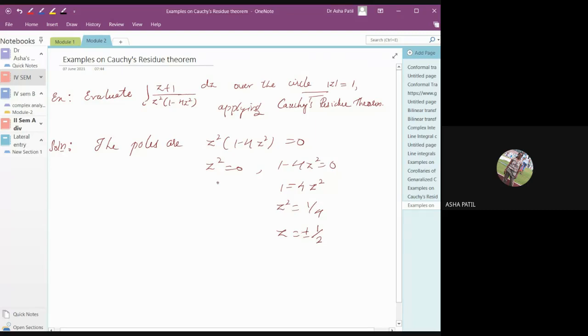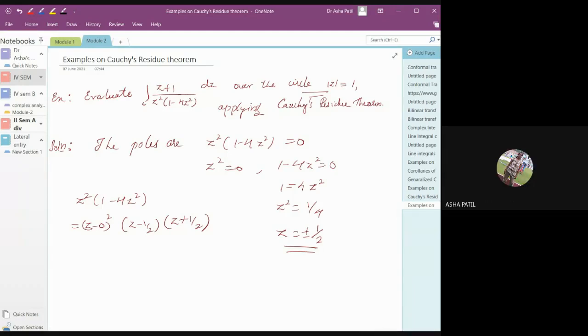So we have poles. What's the order of the pole at 0? 2, ma'am. It is as good as z² into (1 - 4z²). You can put it as (z - 0)² into (z - 1/2) into (z + 1/2), because these are the poles we have got. If you take 4 common outside, you get (z - 1/2)(z + 1/2). Now, what is the order of the poles 1/2 and minus 1/2? 1, ma'am.